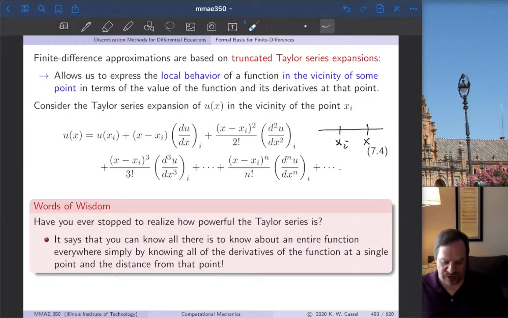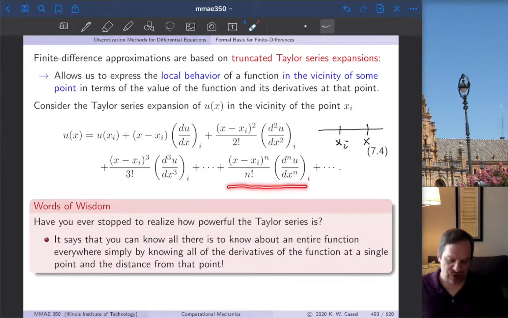Each term has an x minus x sub i, which is this distance here, times, the first term is the first derivative, so du dx, and notice the subscript i here means it's evaluated, not approximated, evaluated at that point. So the first derivative at that point. Then the next term is the square of the distance, x minus x sub i, over 2 factorial times the second derivative evaluated here, and then the third, and then the fourth.